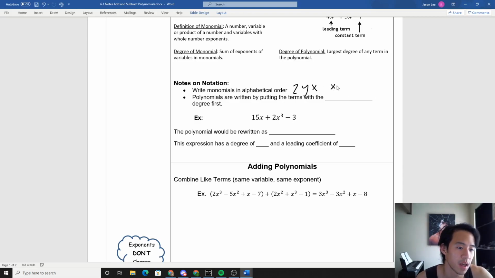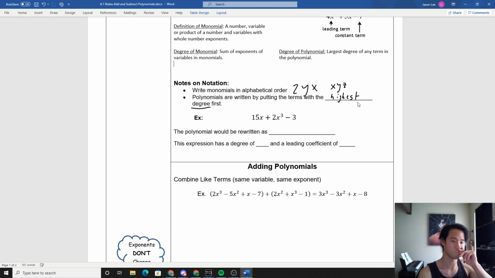Instead, you would write it as x y z, just so they're in alphabetical order. Also, polynomials in general, you're going to write them from the biggest power to the smallest power. So that's what the degree is. The degree is just basically the highest power, putting the terms with the highest degree first.